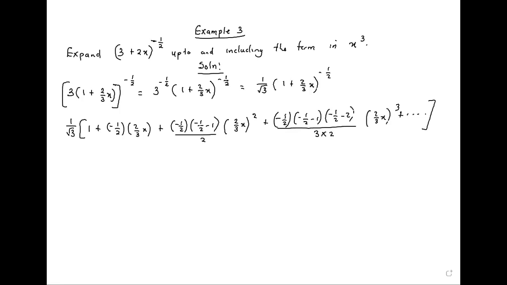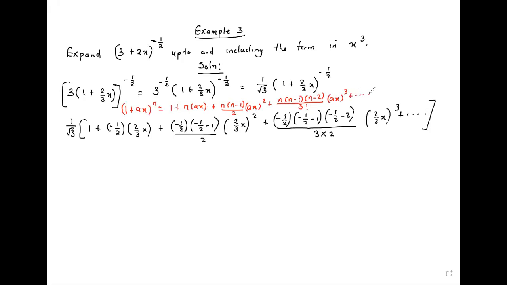So if your memory is not that good, you must do something so that you are able to keep this: 1 plus n ax, plus n(n minus 1) over 2 ax squared, plus n(n minus 1)(n minus 2) over 3 factorial ax to the power 3.